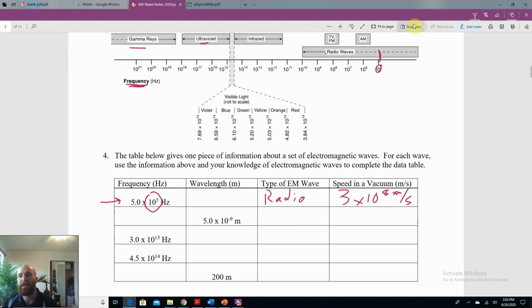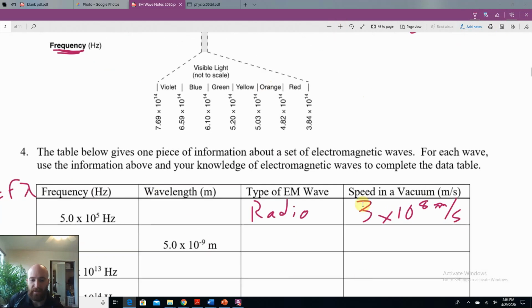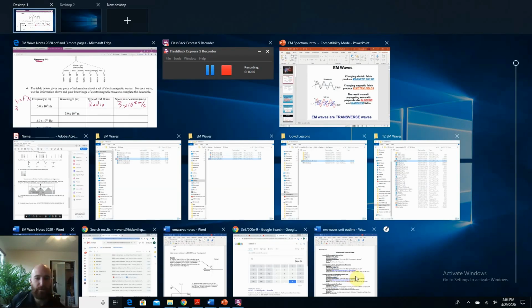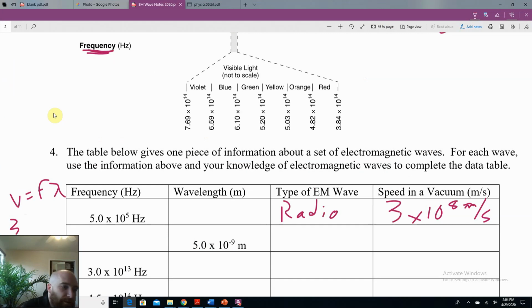Which brings us to the wavelength. Unfortunately, we do have to do some math for that. But it's the same math that we just did. I'll show my work over here. V equals f lambda. I'm going to run out of room, but that's okay. So, we know that v for all of these things is 3 times 10 to the 8th meters per second, equals the frequency, 5 times 10 to the 5th, times lambda, since we're solving for the wavelength.